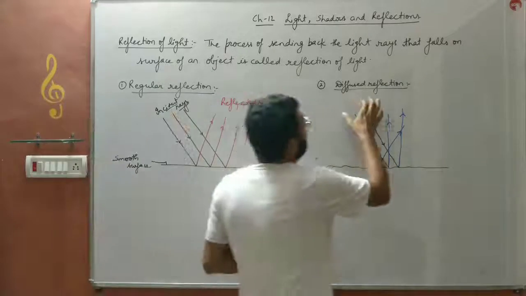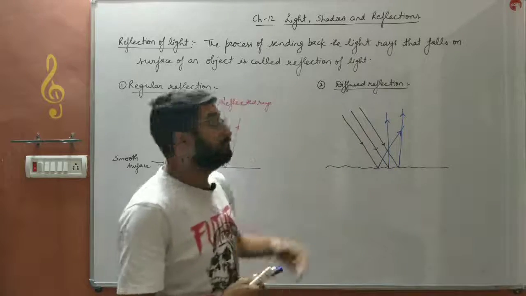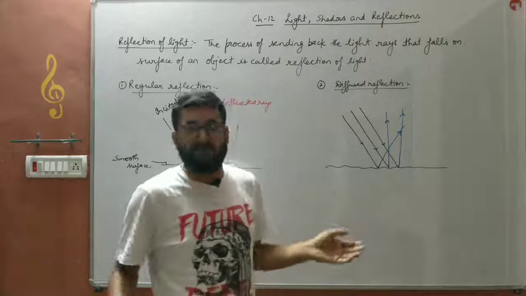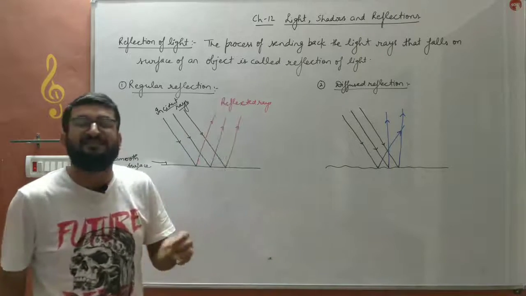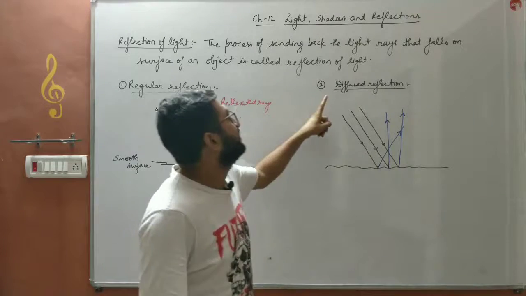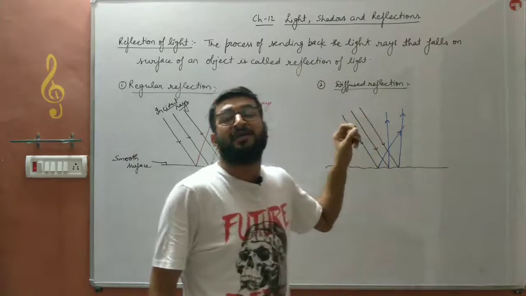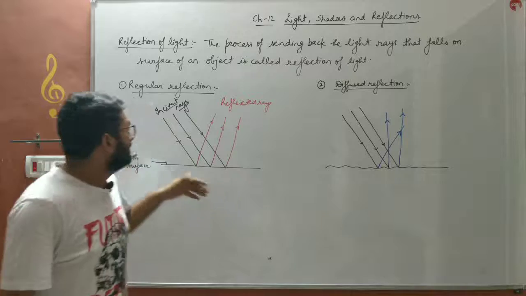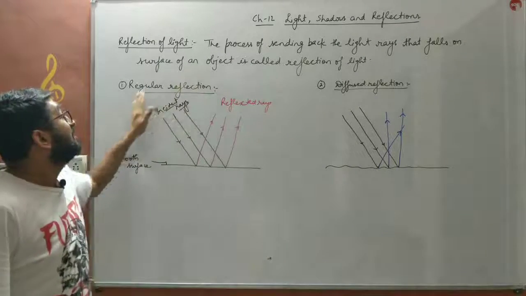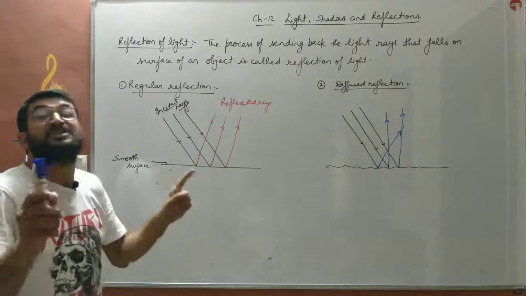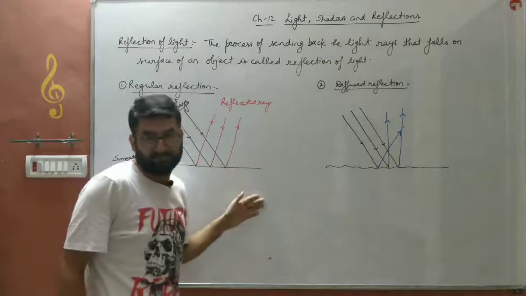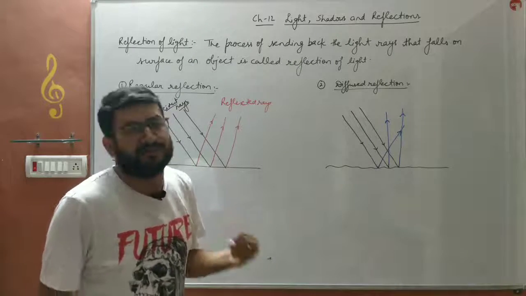Whereas the diffused reflection is when the parallel beam of light which comes moves in random directions, reflects back or bends back in random directions in an irregular manner. That is known as diffused or irregular reflection. जब बच्चे पैरेलल बीम आ रही है वो पैरेलली ही रिफ्लेक्ट हो तो इसे बच्चे रेगुलर रिफ्लेक्शन बोलते हैं. The condition necessary for it is the surface must be smooth without irregularities.